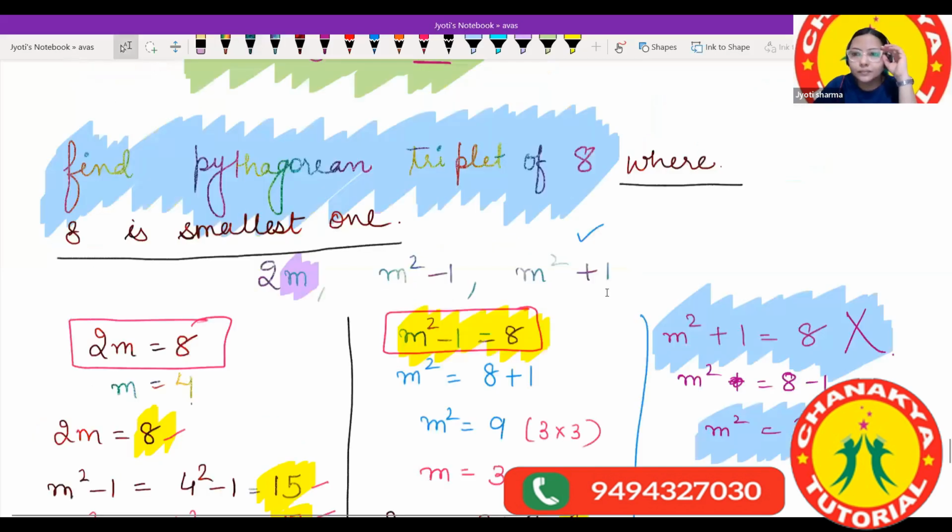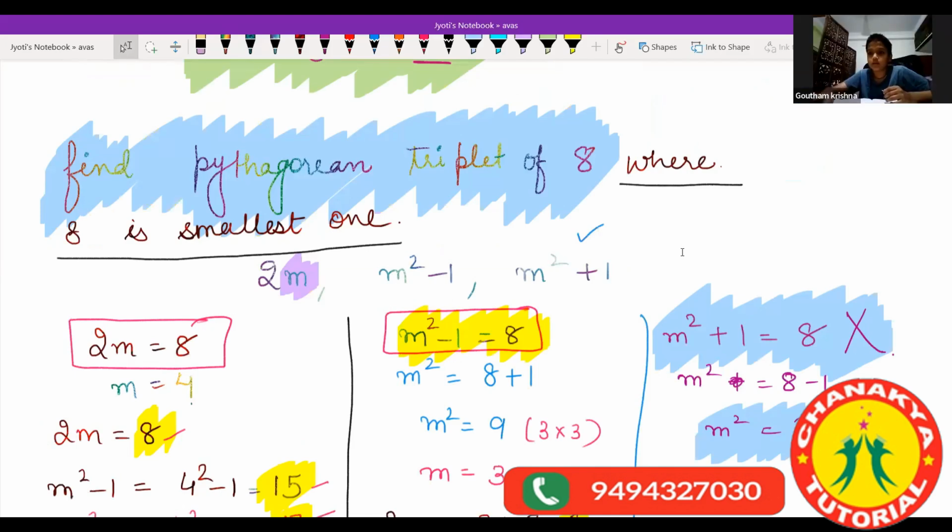Ma'am, I have a doubt. What if they give us a Pythagorean triplet question for a number which is an odd number? If they give an odd number and ask to find the Pythagorean triplet, then you can pick m square plus 1 or m square minus 1 first.